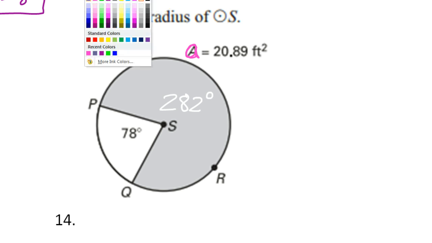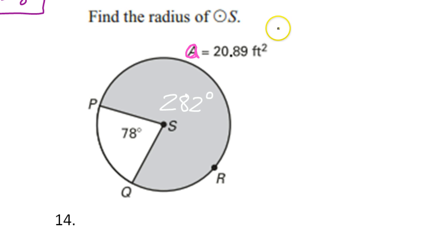Okay, aside from that, it's the usual. Part over whole equals part over whole. Just keep in mind that in the end we want the radius. But for now, we'll do 282 over 360. And now we have area, which is what they gave us.